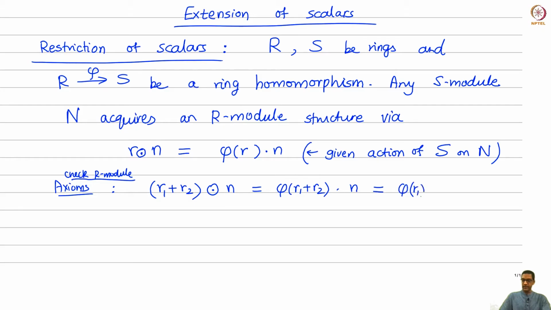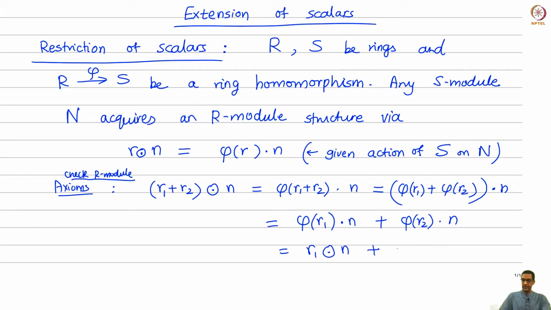Okay, so this is (phi R1 plus phi R2) acting on n, and now by the fact that N is an S module, there I have distributivity. So this is phi R1 n plus phi R2 n. Okay, so this by definition is R1 acting on n plus R2 acting on n. Okay, so I proved the first property.